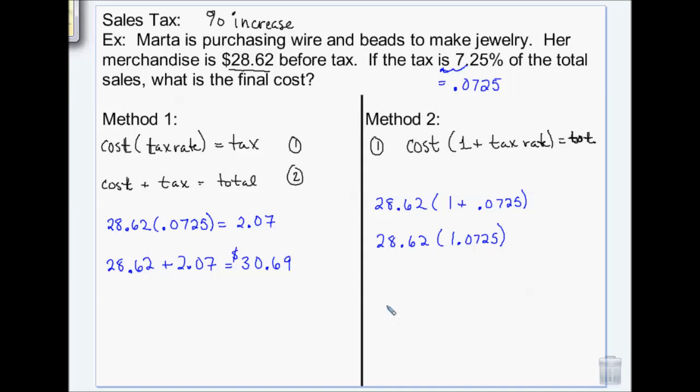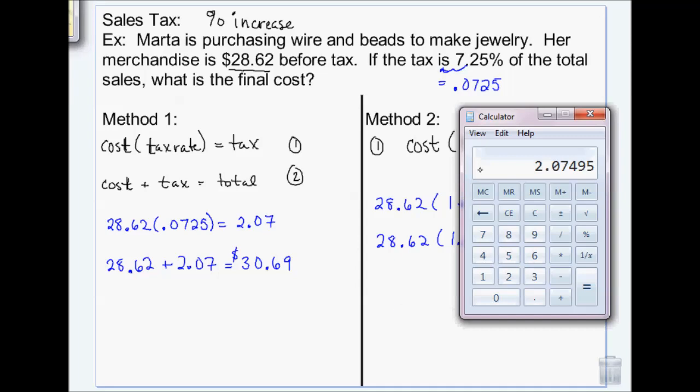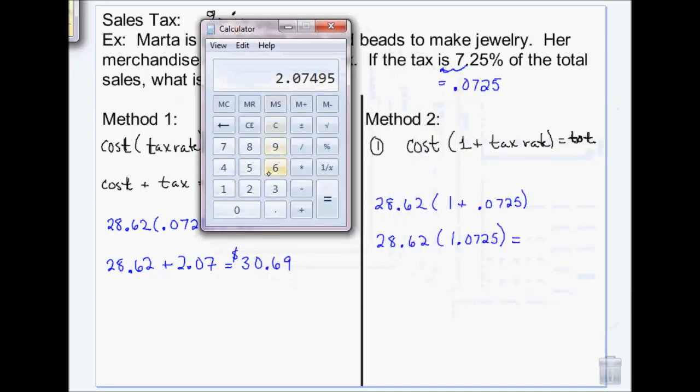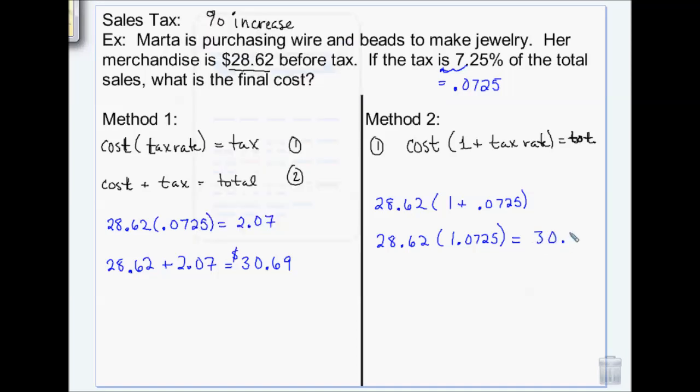We're just adding it to the 1. And as you watch, when I multiply this out, I get the exact same price in one step. Or one part.